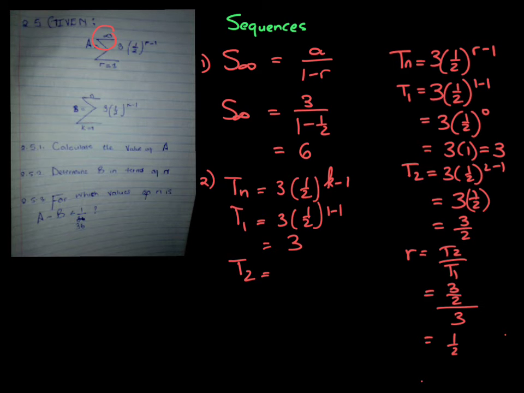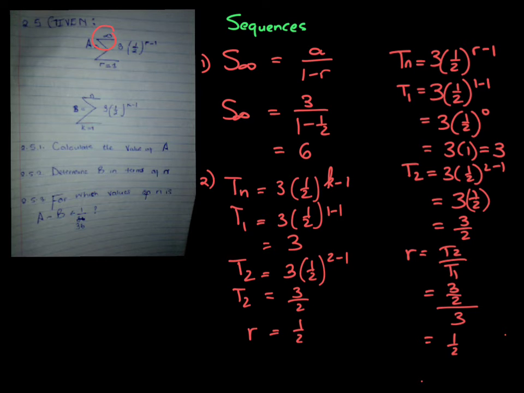T2 equals 3 times half to the power 2 minus 1. It's the same as we did earlier, so it's going to be 3 over 2. Therefore, r equals half.